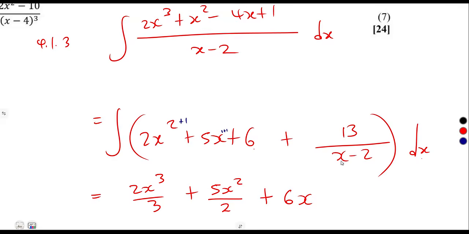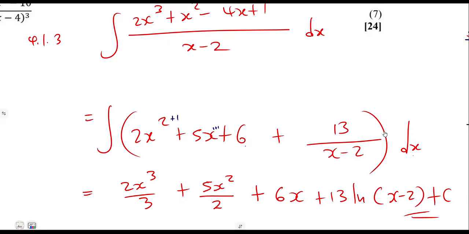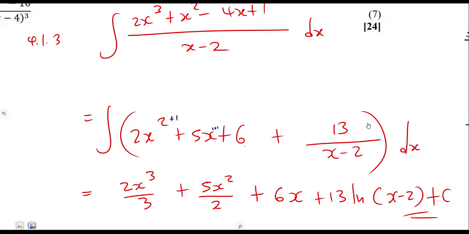Then 13 over this, remember, it's going to be ln of this. So that's plus 13 ln of x minus 2, plus the constant of integration. You are done when it is like this. So guys, basically, that is what you're going to have from this one, 4.1.3.